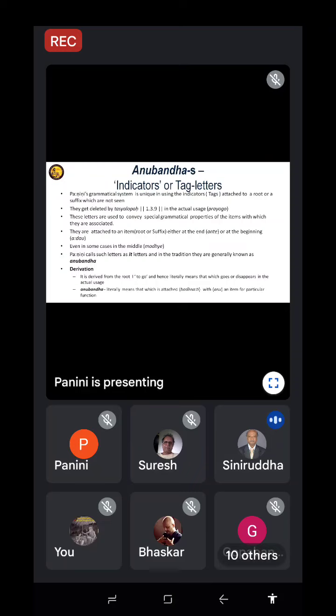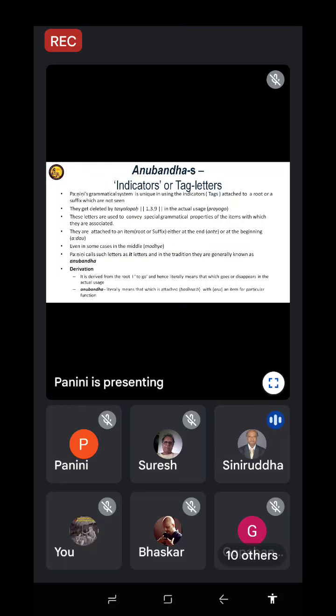They can be identified at the beginning, in the middle, or at the end of a word. That is why these things are attached at the beginning.